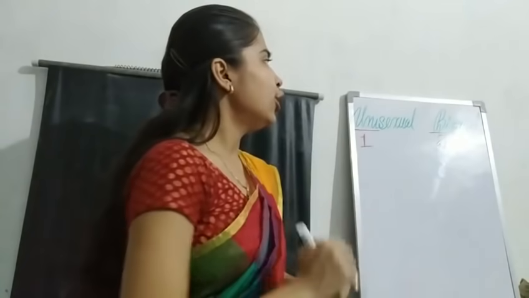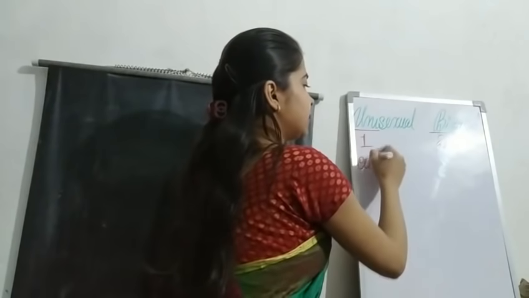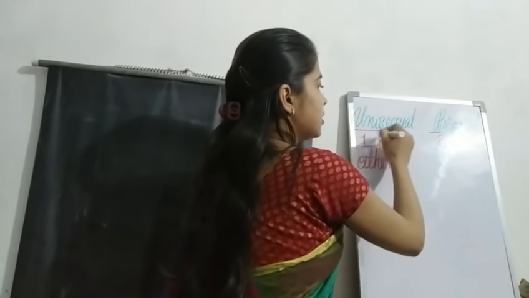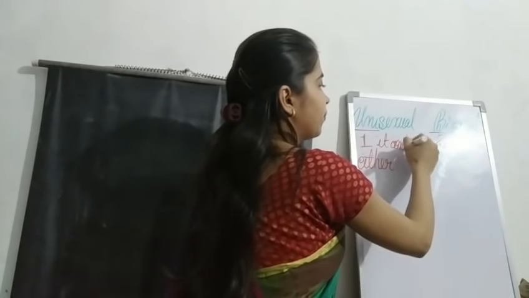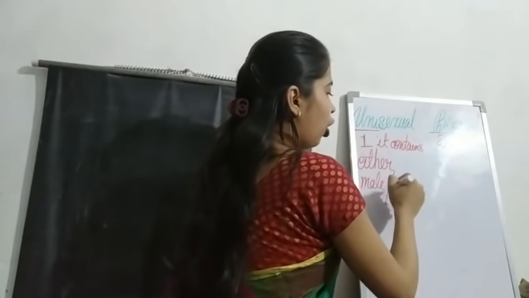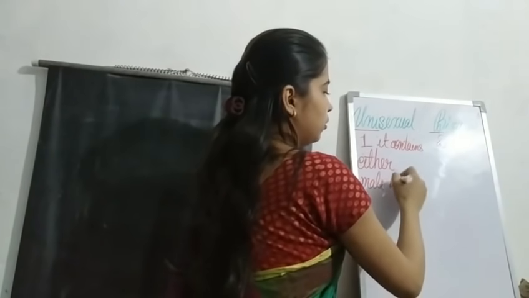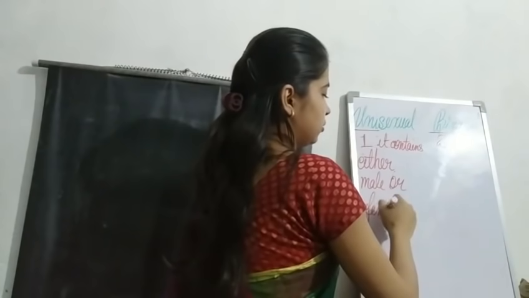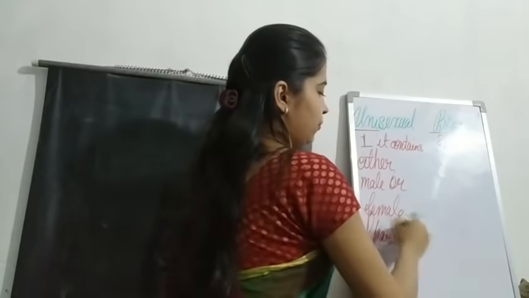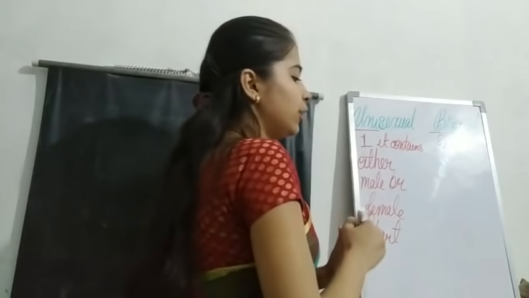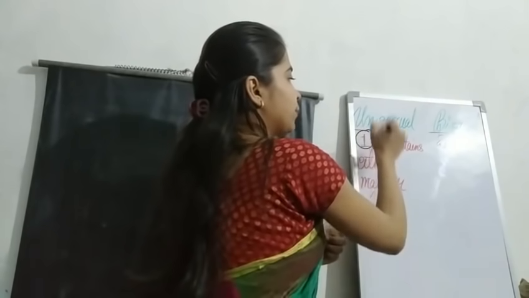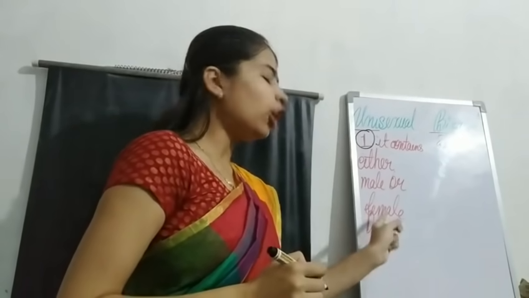Very easy, okay. Unisexual means it contains either male or female part. All right, so unisexual flower means it will either have male part or the female part.